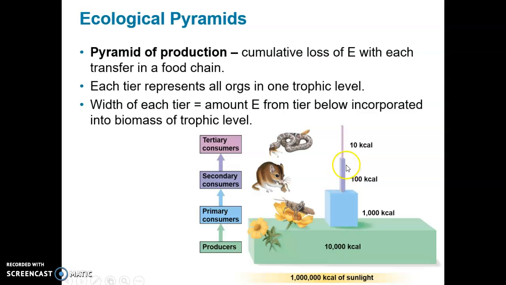And then the size of this block, representing the biomass of the secondary consumers, represents the amount of material that's transferred to it from the primary consumers. Just simply know, or recognize, that relatively small, 10% of it gets transferred into the biomass of primary consumers, and again 10%, 10%, 10%.